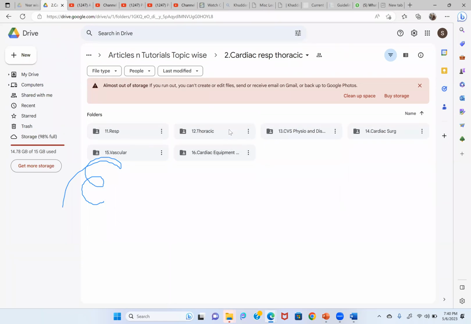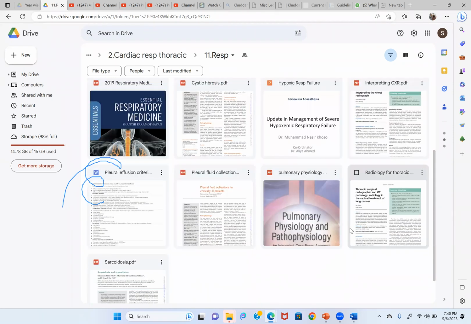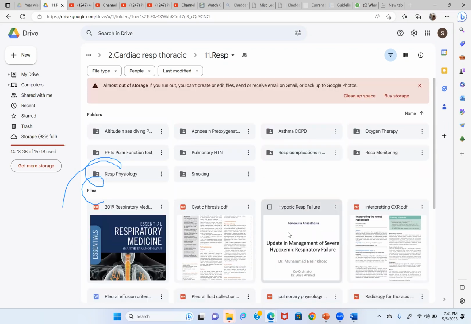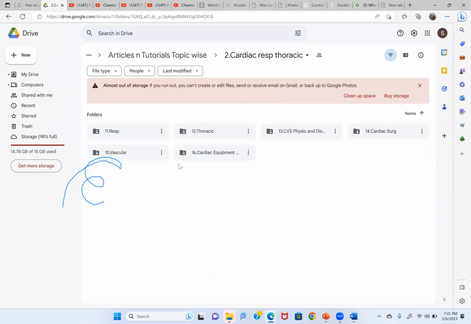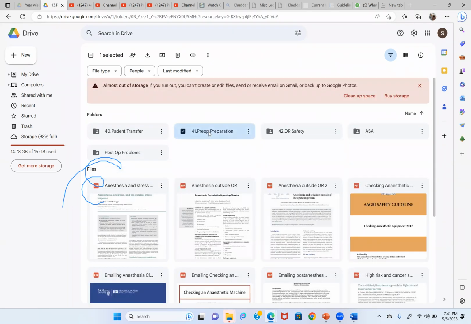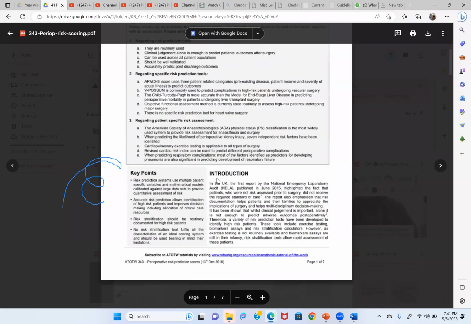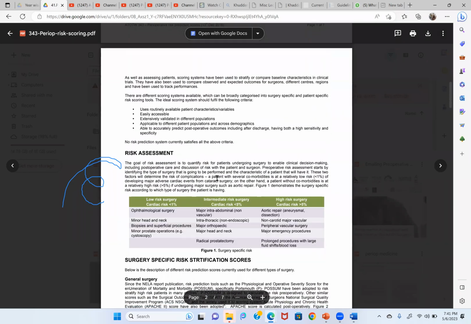Let me see if there is anything I can add. Cardiopulmonary exercise testing, I told you yesterday how you can use it. There was an article I am trying to find with reference to preoperative risk stratification.